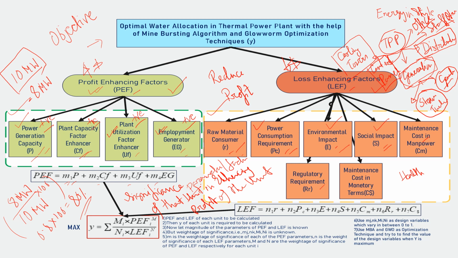These are my design variables, the values of which I will determine with the help of the optimization problem. That means our objective equation will be to maximize y, where y is the summation of M1P plus M2CA plus M3UA plus M4EG.